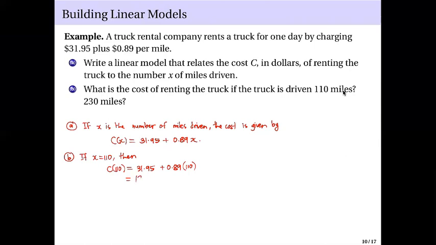I got here 129.85. Okay? So the driver has to pay $129.85 for driving 110 miles.